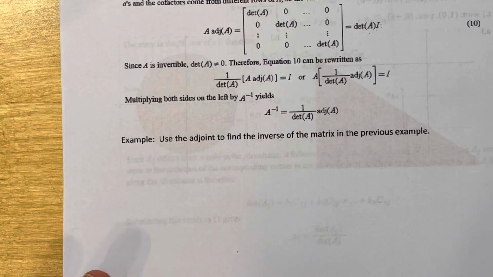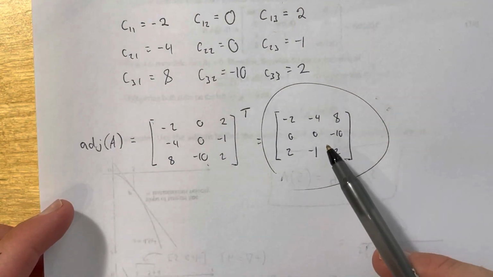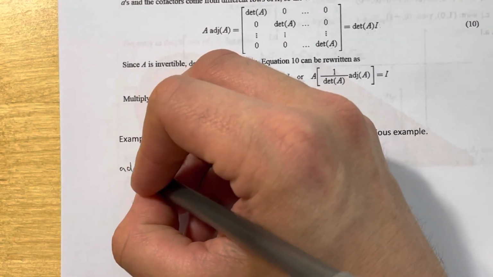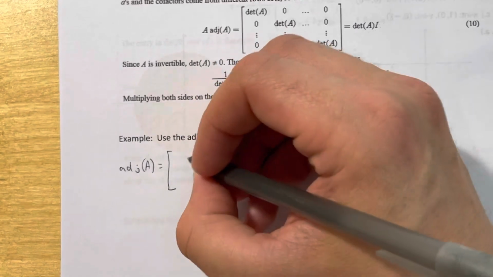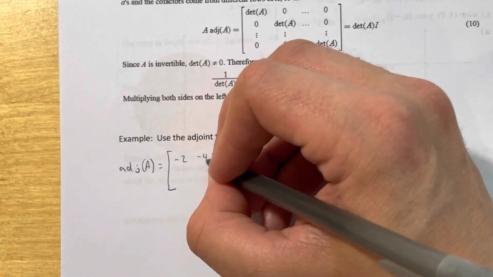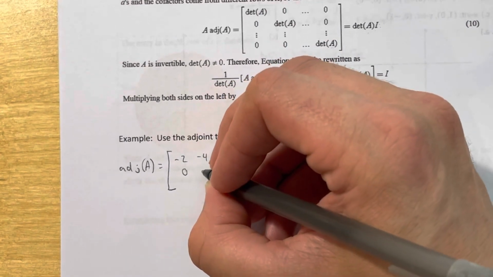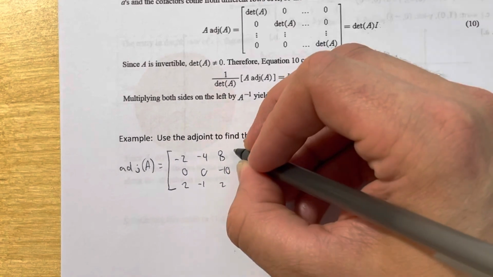I want to use the adjoint to find the inverse of the matrix from the last example that we did. Notice, here's that matrix, okay? So I'm going to rewrite that matrix again. The adjoint of A, which we found in the previous example, was equal to -2, -4, 8, 0, 0, -10, 2, -1, 2.